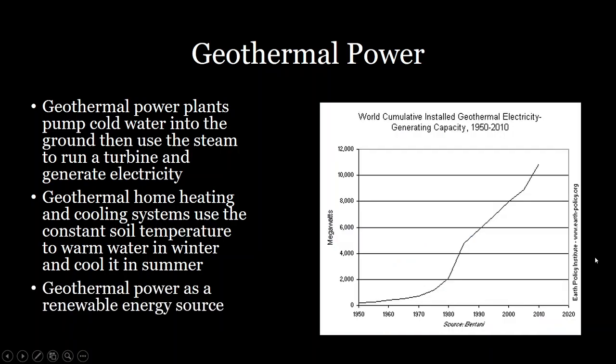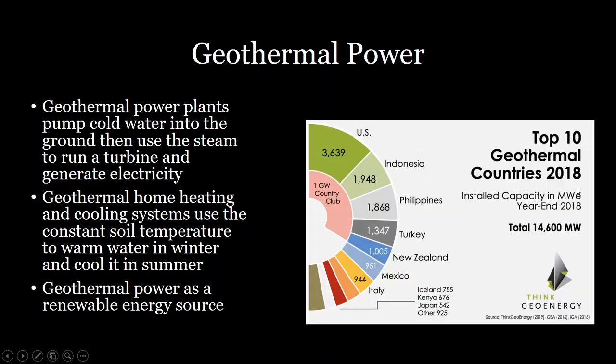We can see here that hydropower for energy production has been increasing, especially since the 1980s. We have a large push in the amount of hydrothermal power that's available, from just a few thousand megawatts up to several thousand.